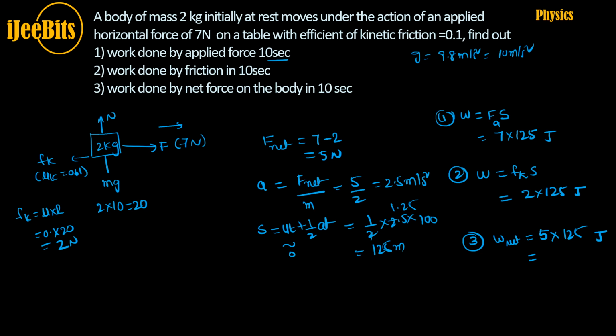The common acceleration you get from the net force, which is applied force minus frictional force. Then you can calculate the displacement, with which you should be able to solve the work done by the applied force, the frictional force, and the net force. This is a good problem.